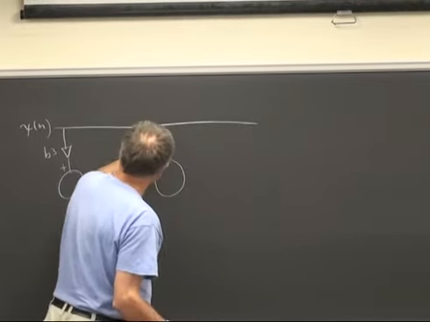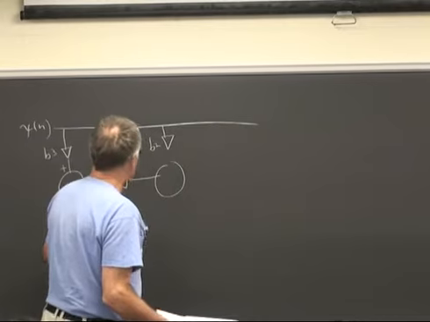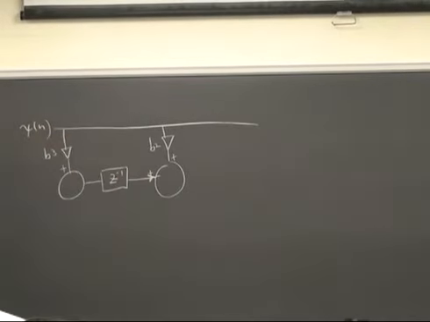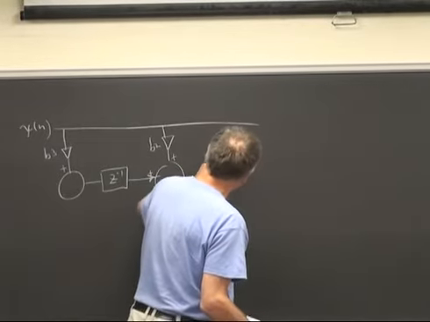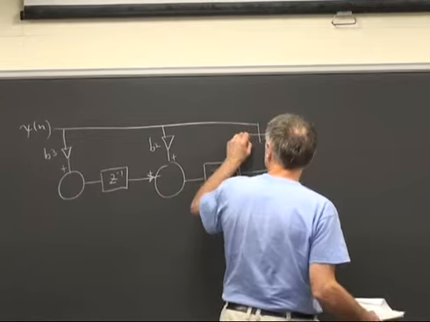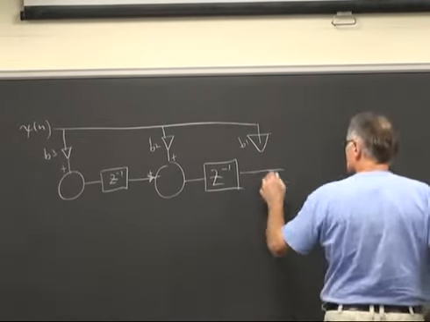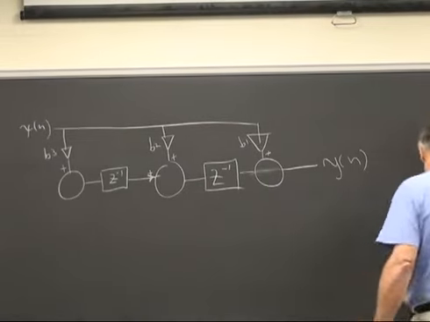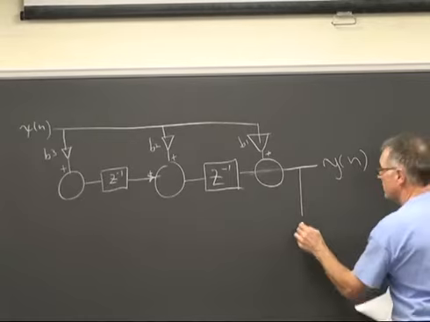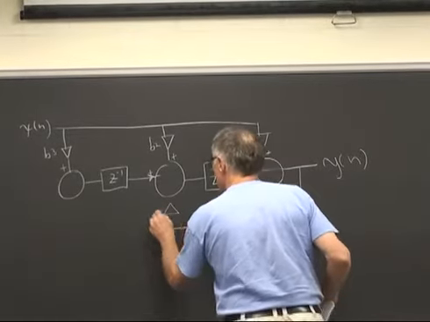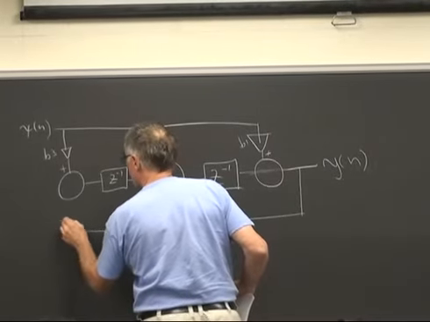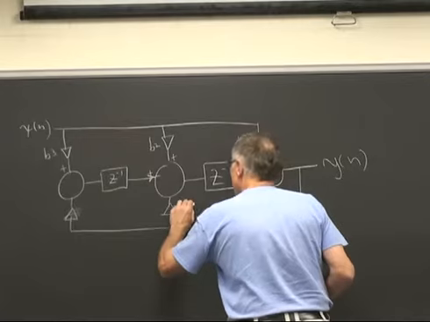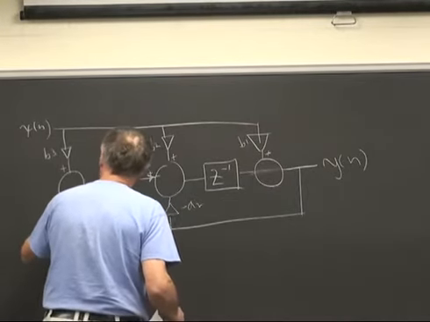Take the output of this, multiply it by B2, add it, register this, take the output, multiply by B1, add it, and the output of this will be yn, which is then fed back with coefficients minus A2 and minus A3.